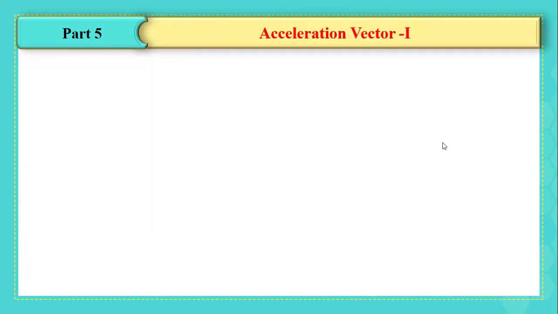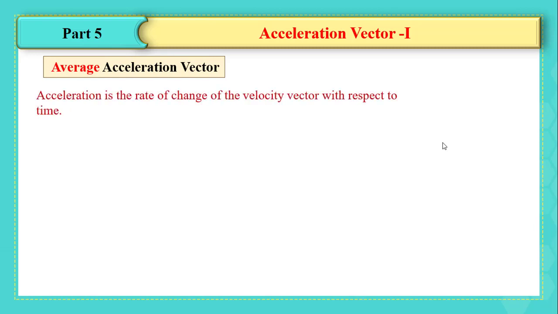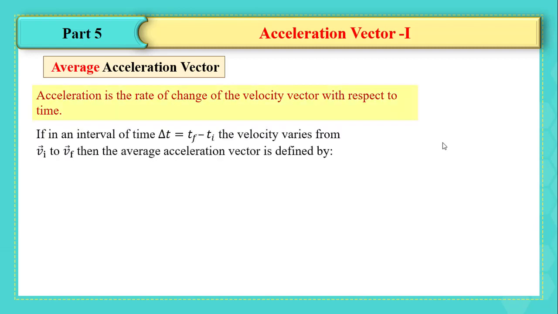Acceleration vector part 1. What is the average acceleration vector? Acceleration in general is the rate of change of the velocity vector with respect to time. If in an interval of time delta t, which is equal to the final time minus the initial time, the velocity varies from v initial to v final, then the average acceleration vector is defined by a average is equal to delta v divided by delta t, which is equal to the final velocity minus the initial velocity divided by t final minus t initial.